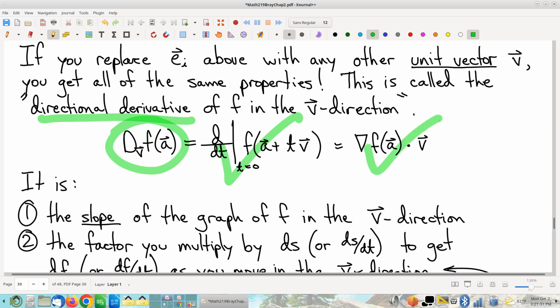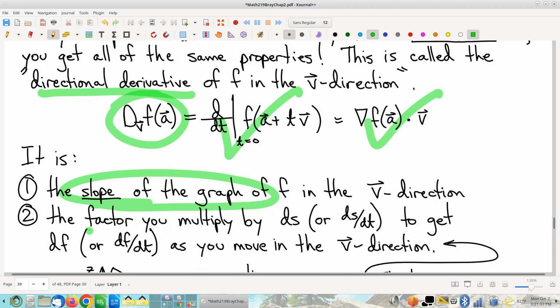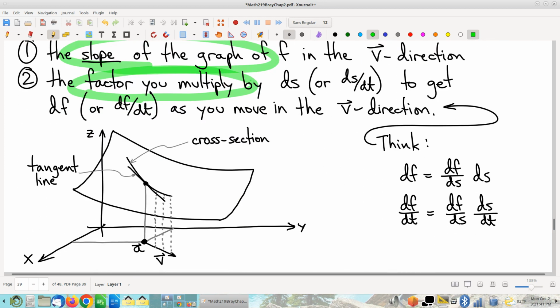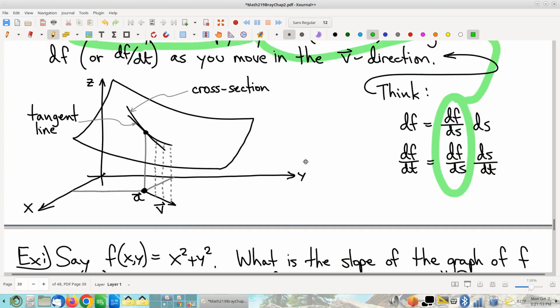It's computed with a dot product with the gradient. You can think of it as the slope of a graph, and as a multiplicative factor, so you can think of it as df/ds, the rate of change of the function with respect to distance, which is a really nice interpretation. All right, so that's where we left it last time.